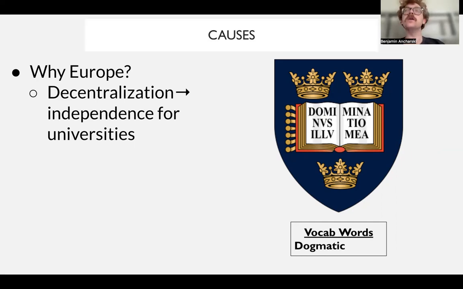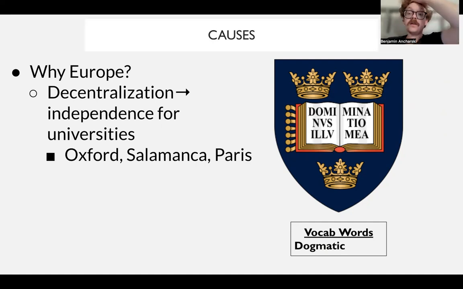Unlike with, say, the Middle East, which had various Islamic empires, or China, which had a fairly unified, definitely centralized government. So, because of this decentralization, there was a lot of intellectual independence of thought in these universities, places like Oxford in England, places like Salamanca in Spain, places like the University of Paris in, well, France.